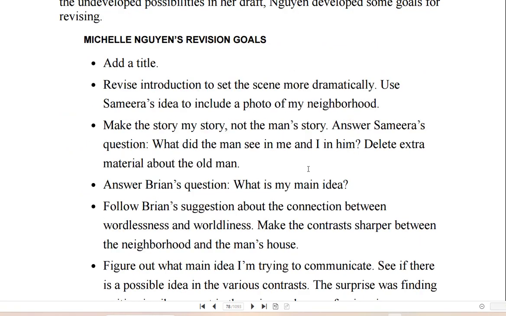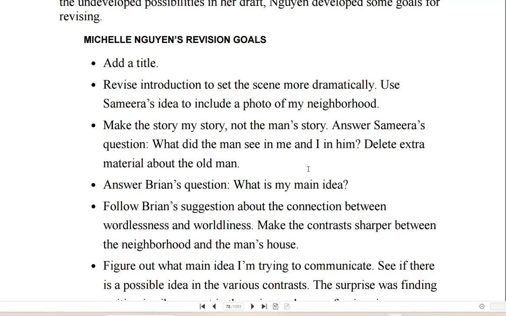Nguyen's revision goals. Add a title. Revise introduction to set the scene more dramatically. Use a photo. Make the story my story, not the man's story. Answer Samira's question: what did the man see in me and I in him? Delete extra material about the old man. Answer Brian's question: what is my main idea?